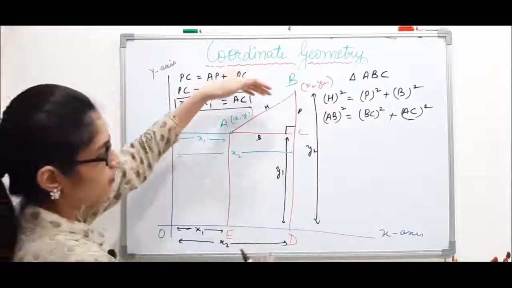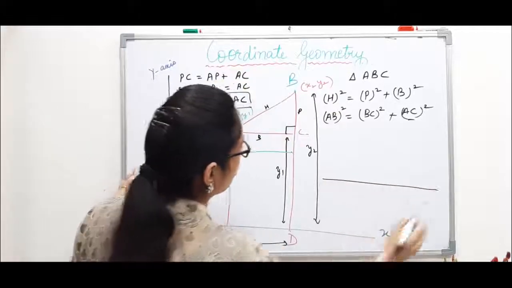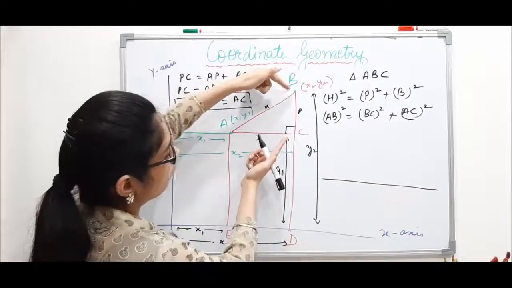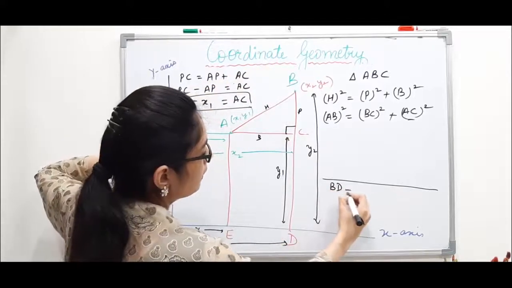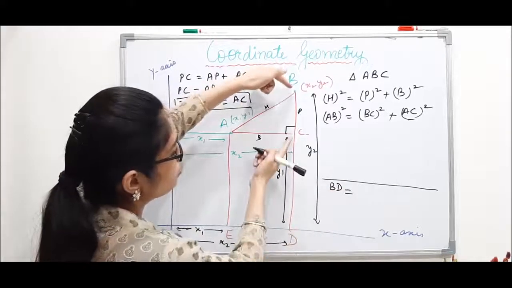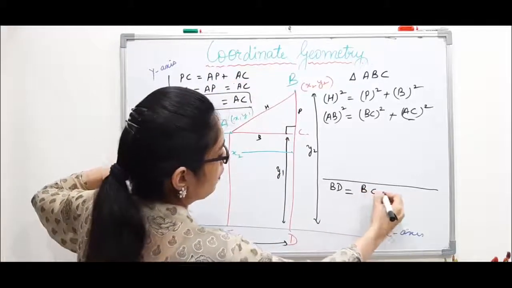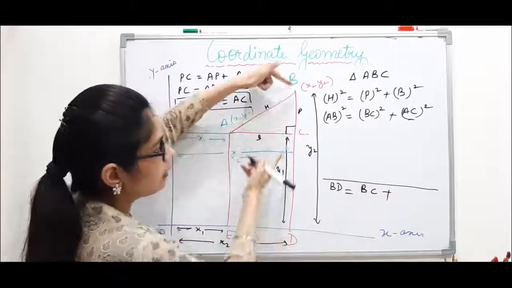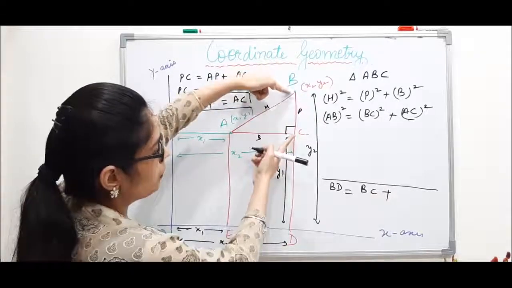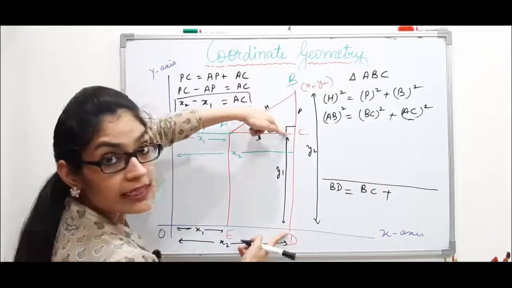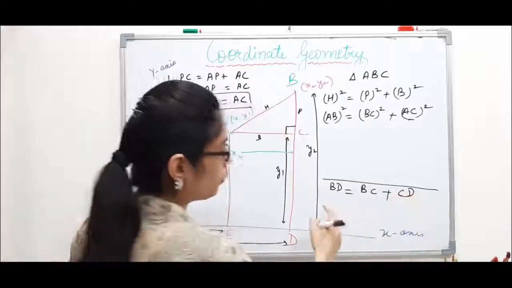If I write this complete line BD, BD will be equal to BC plus CD. You can see one small portion I am adding and I will get the complete portion. So BC plus CD equals BD.